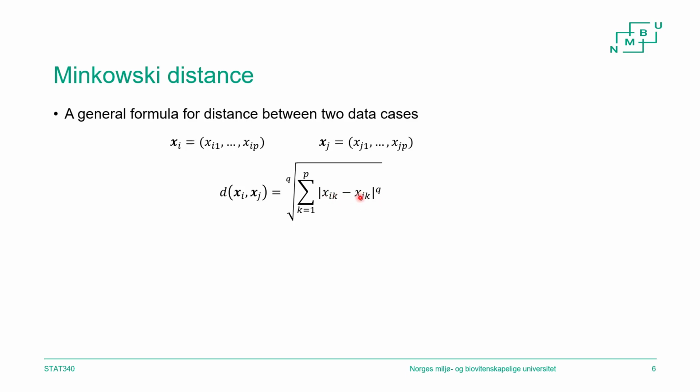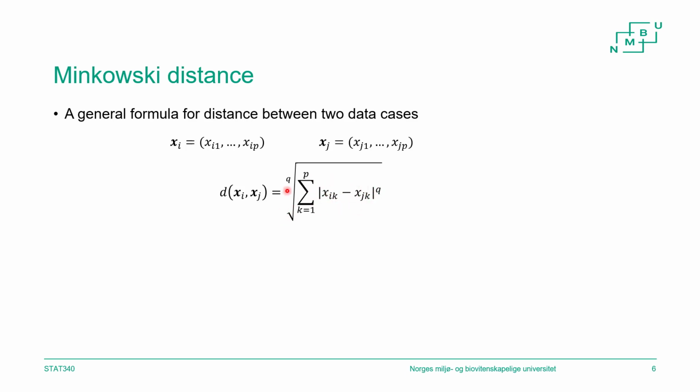So it doesn't really matter which one is first or last of these 2. And then we take it to the power of q, before we sum. So actually we go from column to column, compare the two coordinates in that column, look in the two rows, compute how different they are and the power of q of this. And then we go to the next one and add this up for all columns.